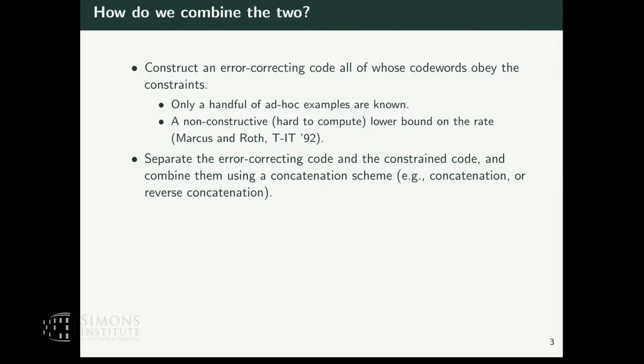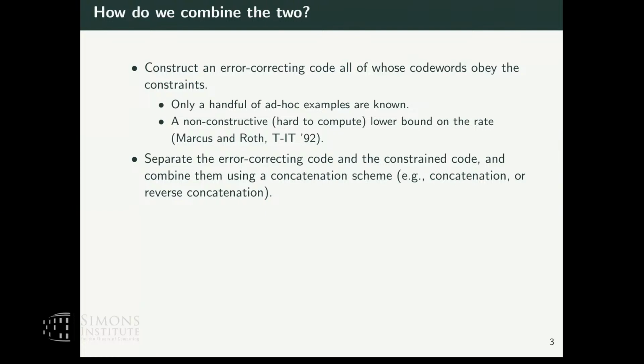Another option is to divide the problem into two sub-problems. Let's have an error-correcting code. Let's have a constraint code. And we have a box for each, like an encoder for that and an encoder for the other one. And then we somehow build a system combining the two.